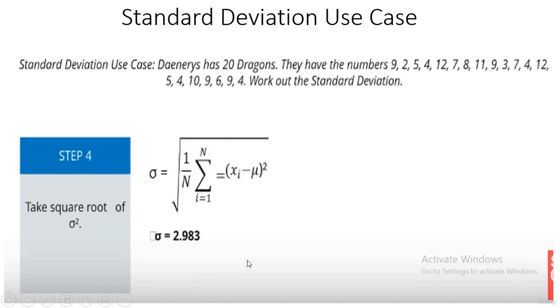And step 4 is to take the square root of sigma squared, and if we work out the square root, then sigma is equal to 2.983. So this is the way we can calculate the standard deviation of any project or tasks.